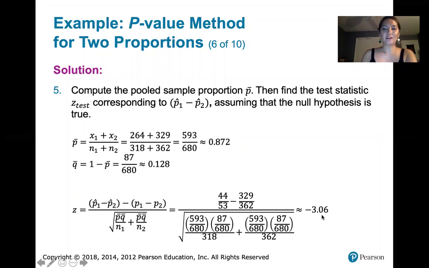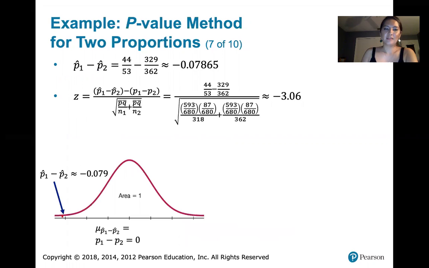So we get that Z-score, that's negative 3.06, and I want you to remember what it means. That is the Z-score corresponding to this P1 hat minus P2 hat. If we compute this test statistic Z equals negative 3.06, what we're saying is that P1 hat minus P2 hat is approximately 3.06 standard deviations below the mean, provided that the mean of P1 hat minus P2 hat is 0, provided that there's no actual difference between the two proportions.